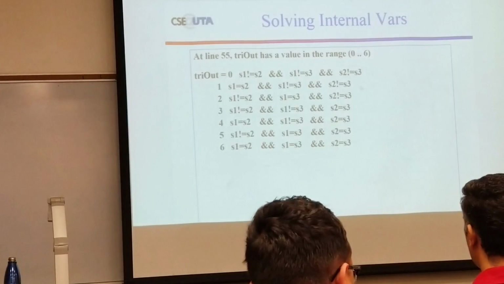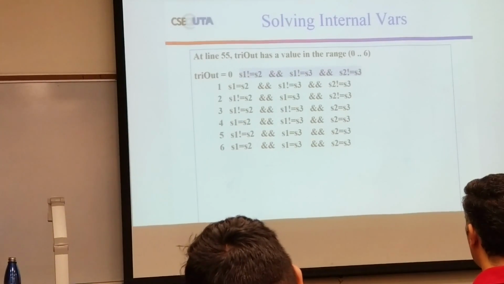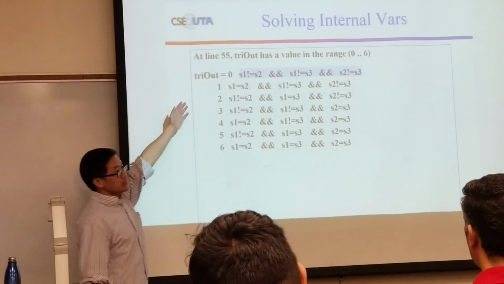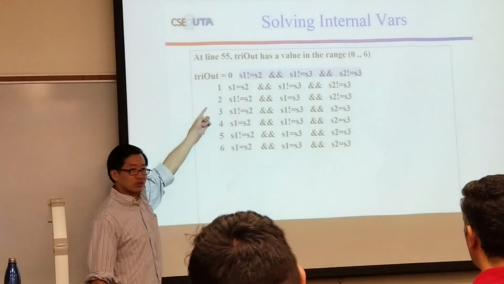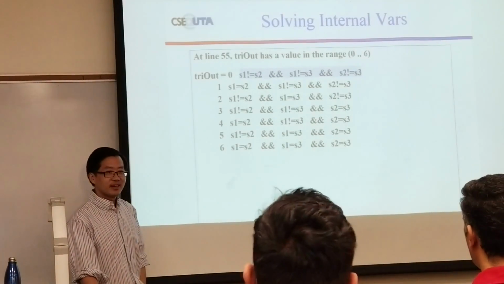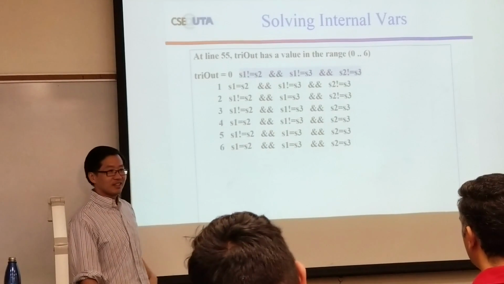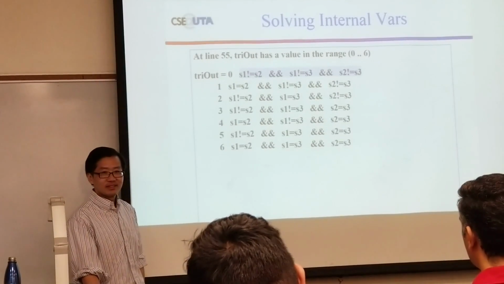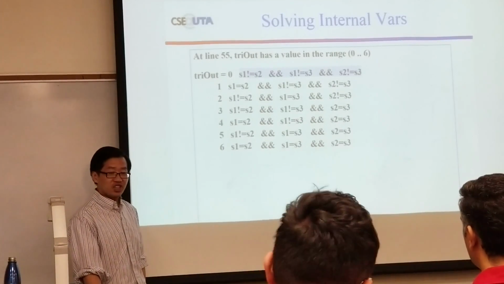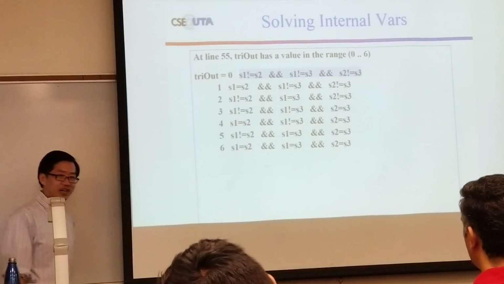Let me explain what this means. Basically, if I want to make sure try out equals 0 at 55, I have to make sure all the 3 sides are not equal to each other. All the 3 sides are different from each other.